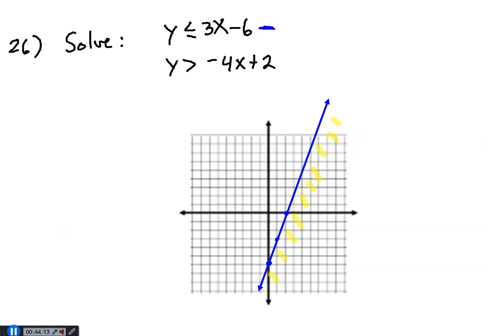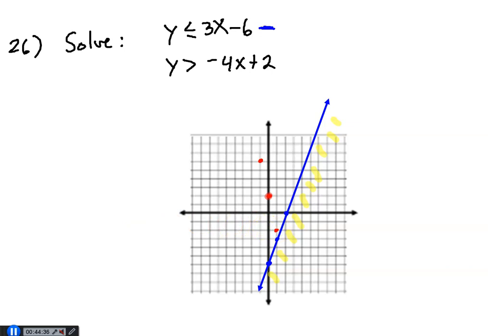Okay, maybe do the other one in red. It has a y-intercept of +2. Y-intercept +2 and a slope of -4. So up 4, left 1, or down 4, right 1.